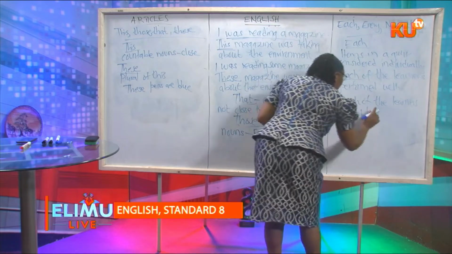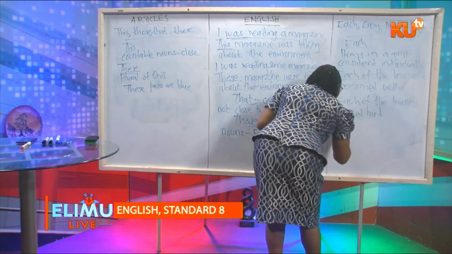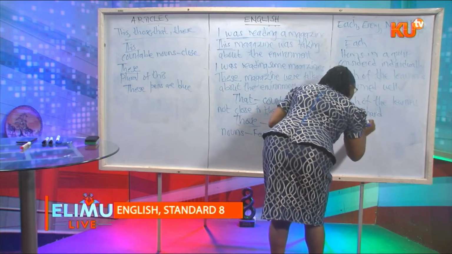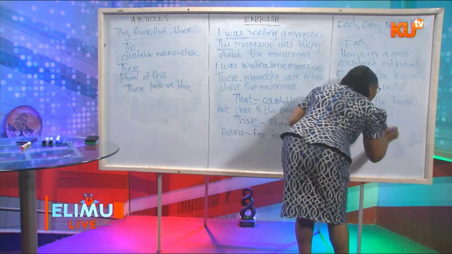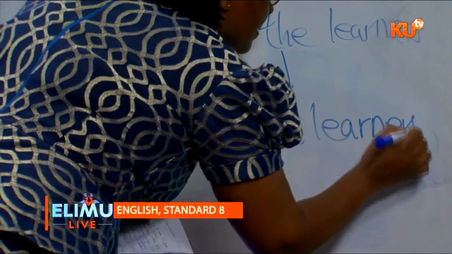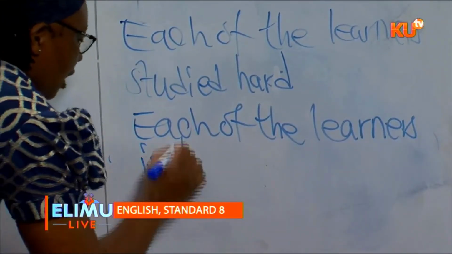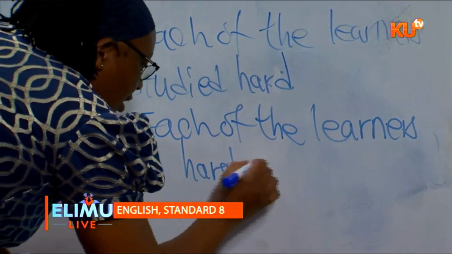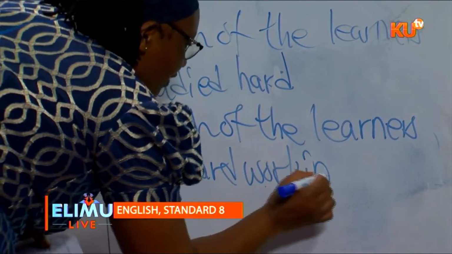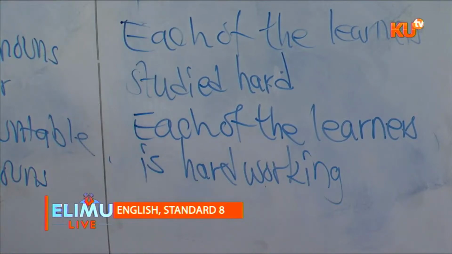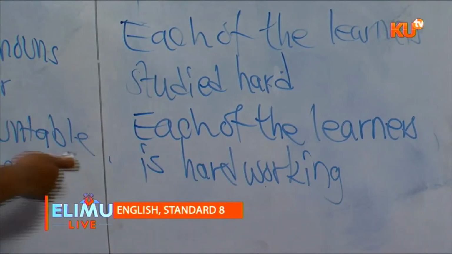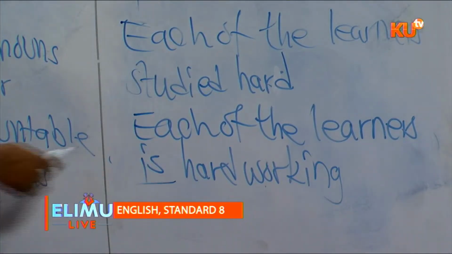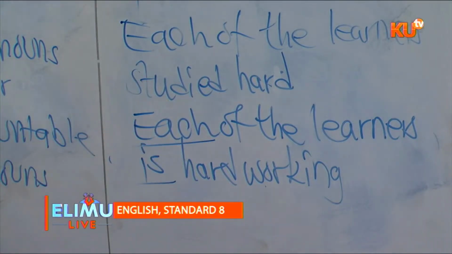Or each of the learners is hardworking. Each of the learners is hardworking. So you find that we have used a singular verb to refer to each of those learners. You have not said each of the learners are hardworking. So when you use are in this case, are is a wrong word in that sentence.